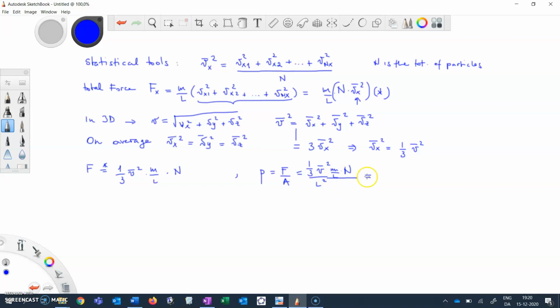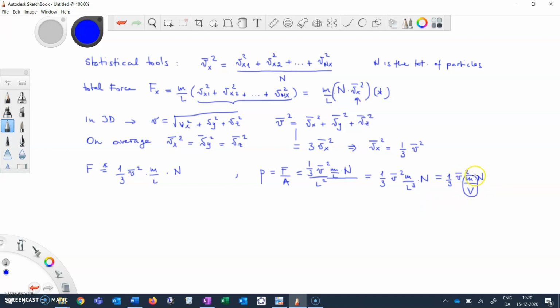So this can be written as a third V bar squared m over L cubed times n. But what I'm writing now is basically the volume in the denominator. So I have a third V bar squared m times n divided by the volume. But what is the mass divided by a volume?